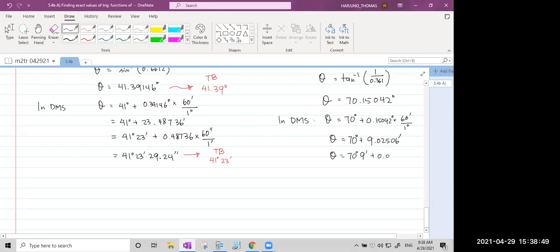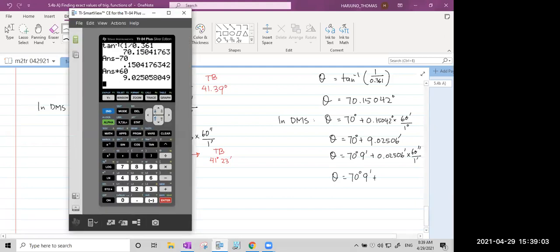This is 0.02506 minutes times 60 seconds over 1 minute. So let me grab my calculator again, subtract by 9, multiply by 60.